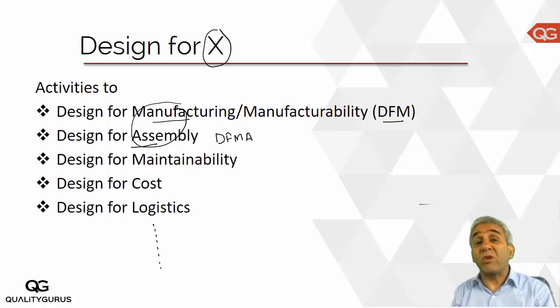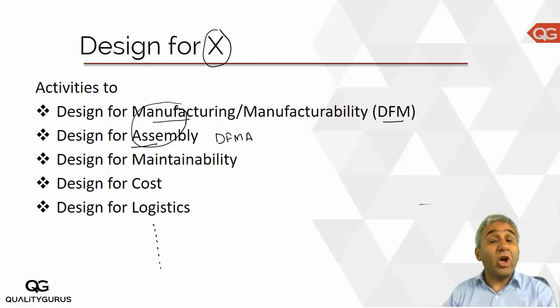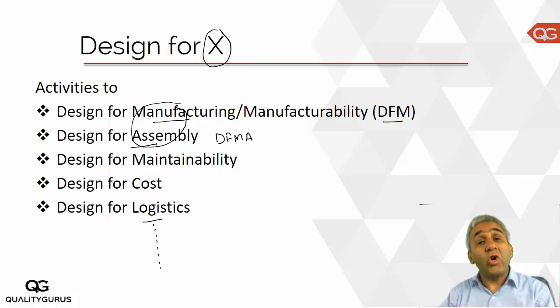If you are making something for IKEA, your main feature could be logistics. When probably you are dealing with something like a Costco, which has huge warehouses, where a lot of product moves around, they might be really concerned about the logistics. So depending on your need, depending on what the client is expecting from you, you might want to pick some of these characteristics to focus your design on.